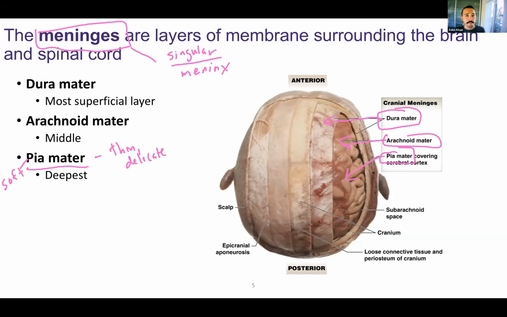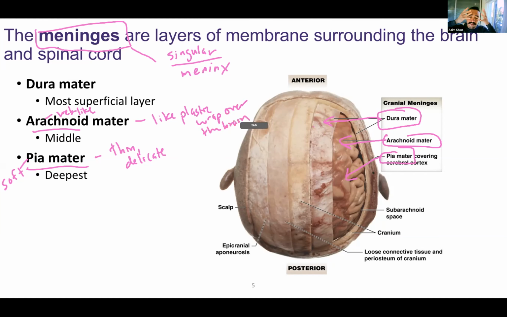Arachnoid, maybe you've heard of that word before, like arachnid. Arachnoid means arachnid-like. Arachnid is a spider. It's kind of like a spider web. It's web-like material. Mater means matter. It's also thin, but the way I kind of picture it, it's kind of like plastic wrap over the brain.